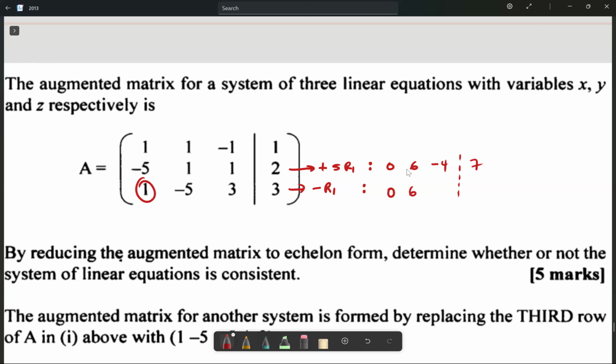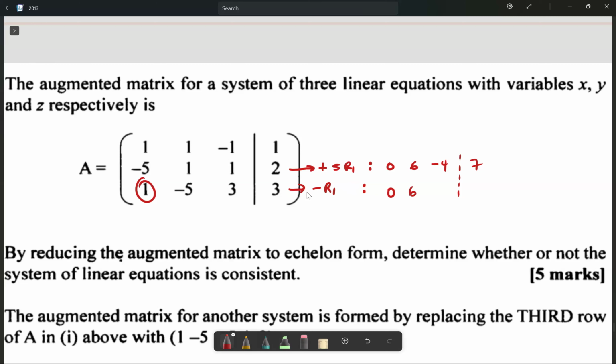And that becomes 3 minus -1. Oops, let me make sure I'm not messed up. -5 minus 1. Doesn't matter the orientation.